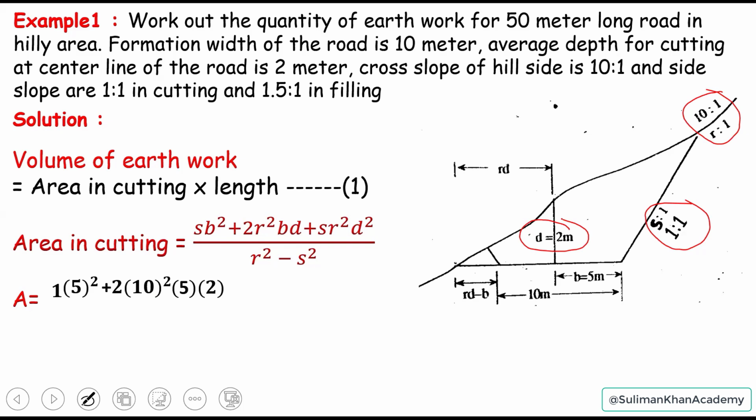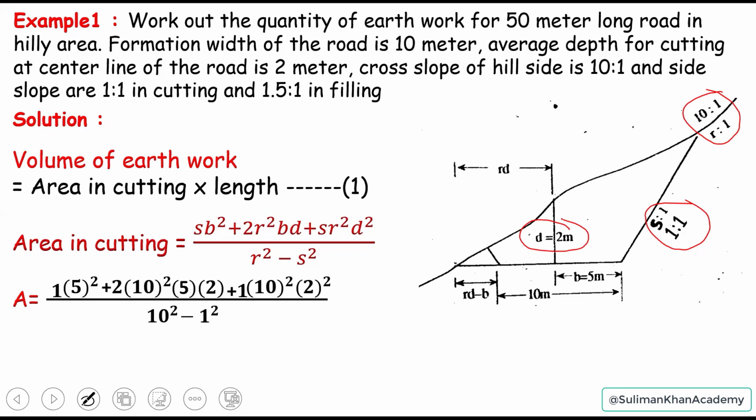Plus again S times R square, S is of course 1, R is again 10 square, and D is known, which is 2, so 2 square. And divided by R square, which is 10 square, minus S square, that's going to be 1 square. Pretty cool. Very simple.